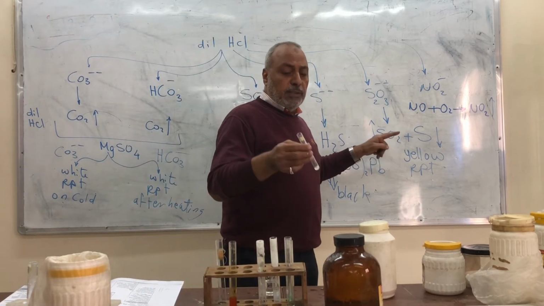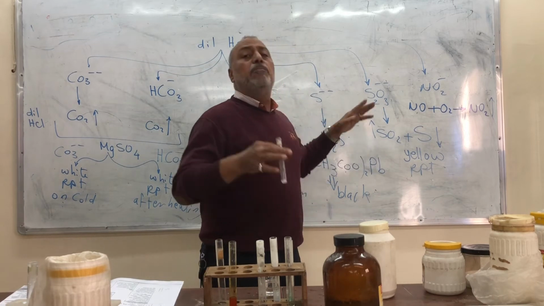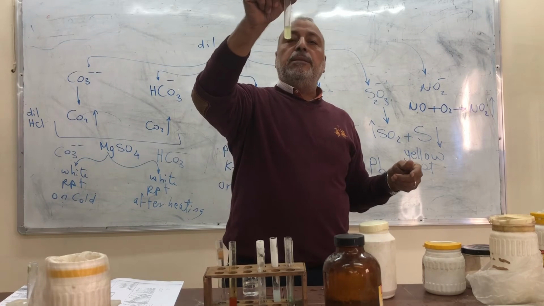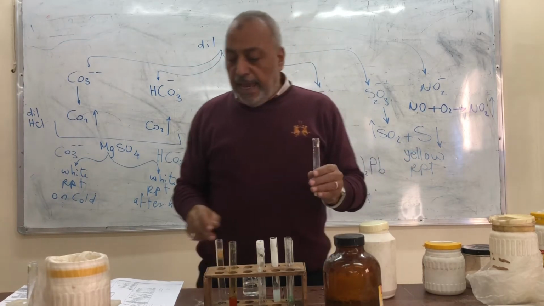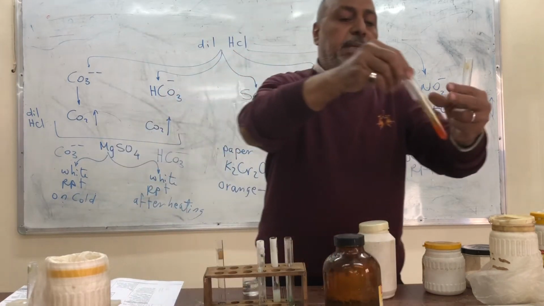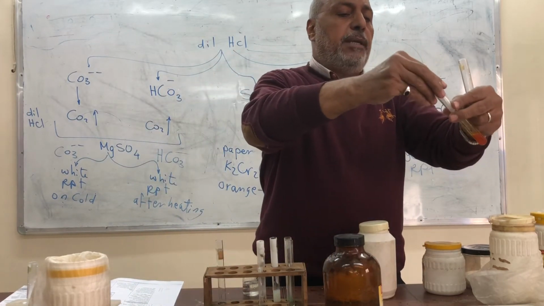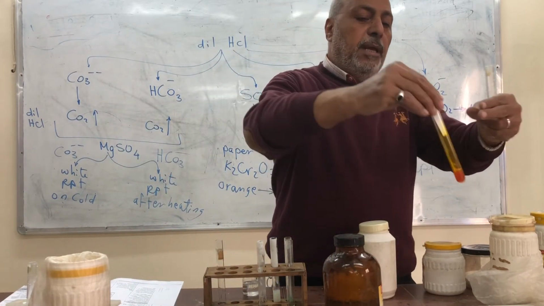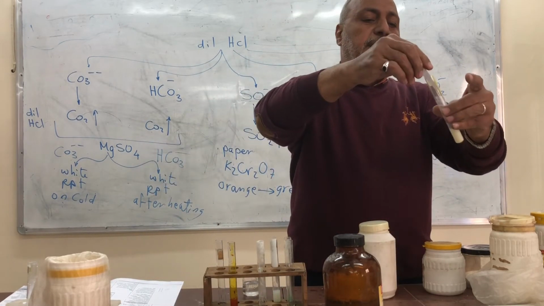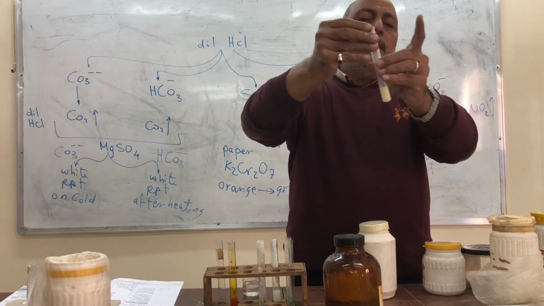Third one is thiosulfate. Thio means more sulfur. If we add dilute HCl, a yellow precipitate of sulfur forms and SO2 gas is evolved. To test the presence of SO2, we use paper wetted by K2Cr2O7; its color will change into green.